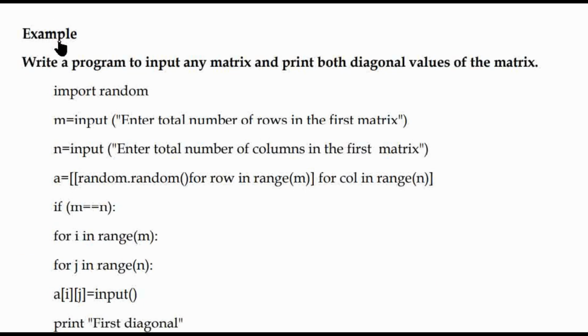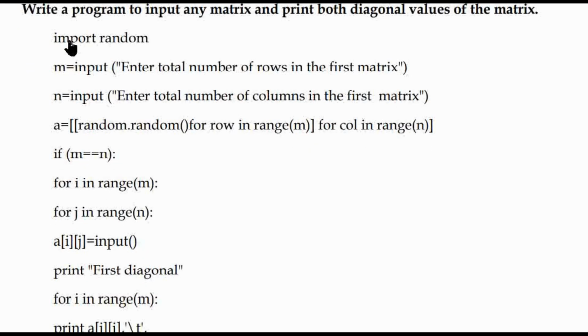This is another example. Write a program to input any matrix and print both diagonal values of the matrix. Import random. M is equal to input, enter total number of rows in the first matrix. N is equal to input, enter total number of columns in the first matrix.